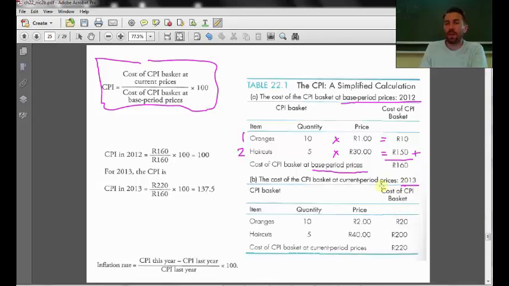Okay? 2013, the same basket of goods, but we have different prices. We end up with a different value for our CPI basket. Okay? So, first question, what is the value of CPI? What is the value of the Consumer Price Index in 2012?